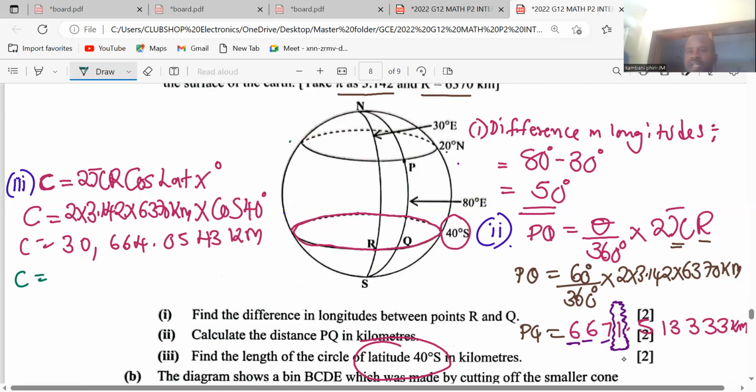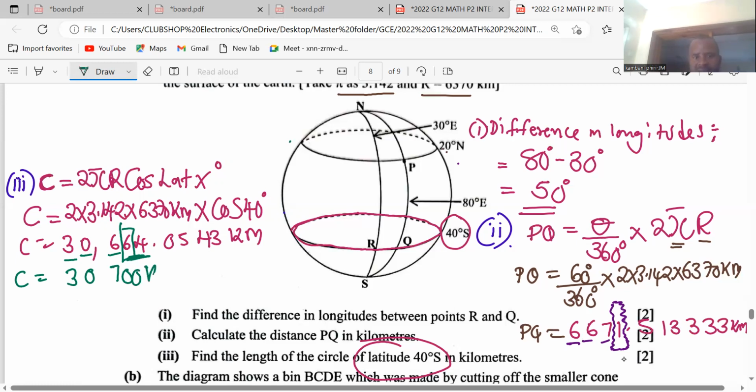So we round it off to 3 significant figures. We start counting from here: 1, 2, 3. We take this as 1 because it is greater or equal to 5. 1 plus 6, we have got 7 here, 0 here, 3. But there are 2 digits before the line. I'll add the 2 digits.